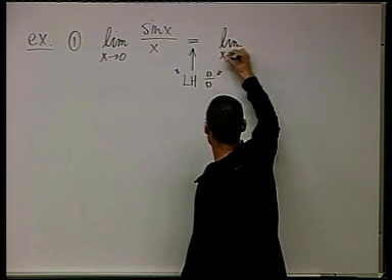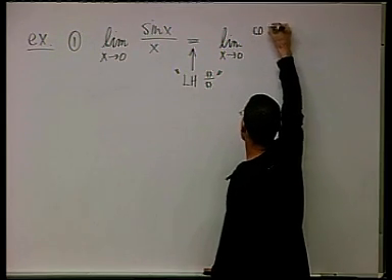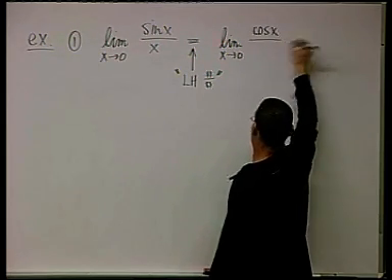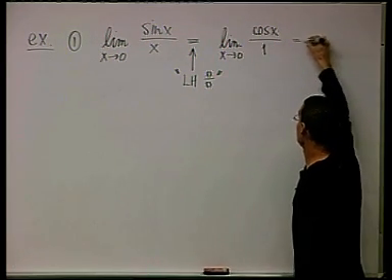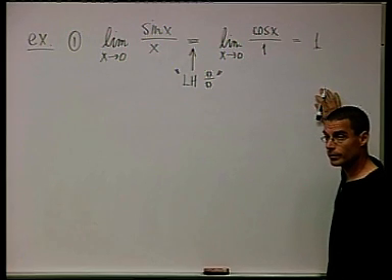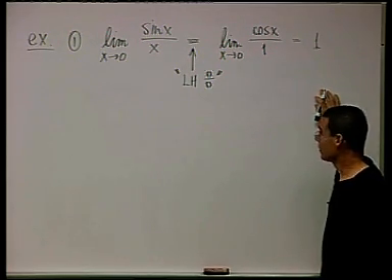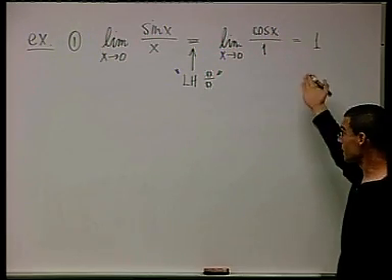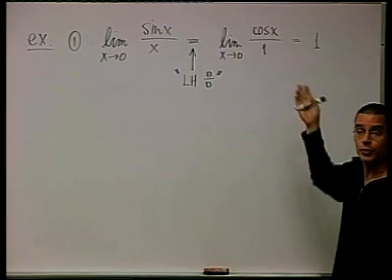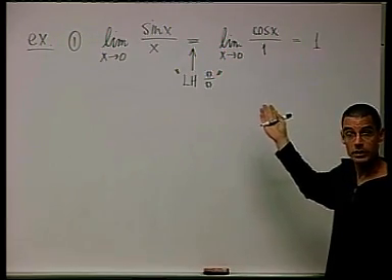I get the limit, x goes to 0, of the derivative of sine, which is cosine, divided by the derivative of x, which is 1. And this limit is 1. Unfair. Yep. That's why I'm saying there's life before L'Hôpital and after. Do you agree that this is almost free, especially compared to how hard we worked previously?